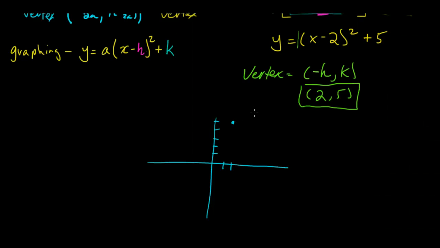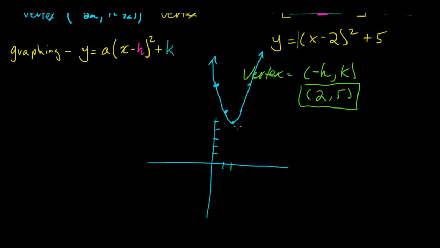And I can just use my x squared, so I'd go over 1 and up 1 for my first point on each side. And I would go over 2 and up 4, so 2, 1, 2, 3, 4 for my next point also on each side. And my parabola would pass through those points, probably a little better than I can draw, but that's just a sketch.